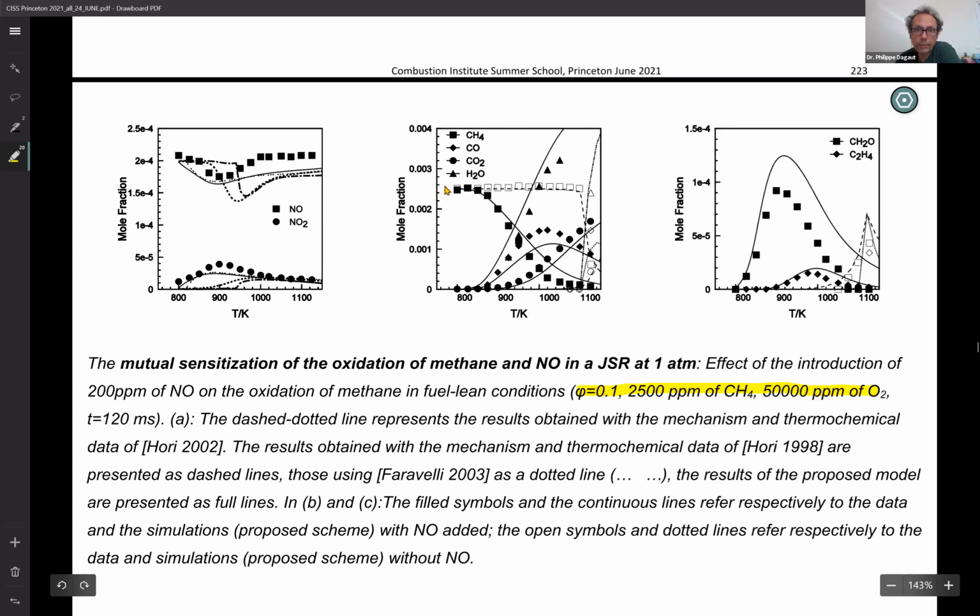And when we put NO, we start to oxidize at much lower temperature, and it's a progressive conversion, whereas here it's a dramatic oxidation that occurs over about 20 degrees. But you see the big difference, the big gap between the two profiles, which are due to the presence of NO.